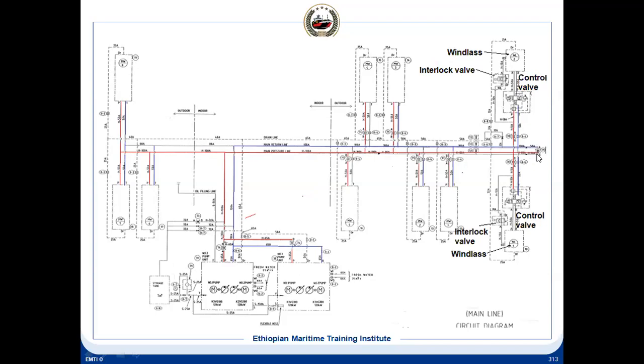So why do we need this actually? We will always have this, and be careful. Sometimes some of the deck people might not know what this valve is. He opens it by mistake, and then you have started the power pack and it is not operating because the pressure is not building.